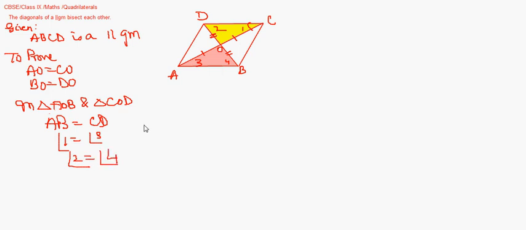So again by ASA criteria, we prove these two triangles to be congruent. Now by CPCT we can say DO is equal to BO. This is derived from congruency of AOB and COD.